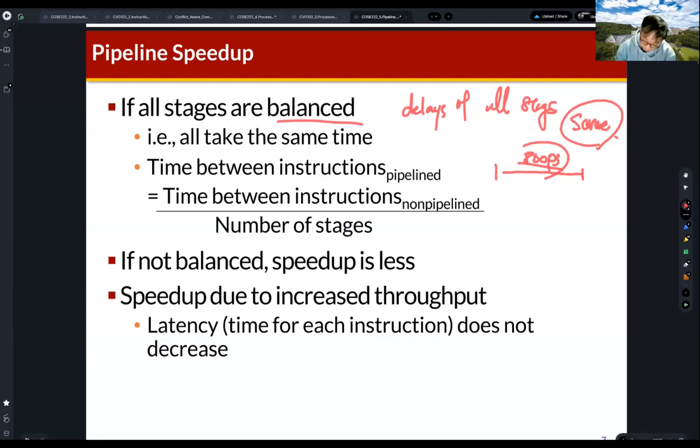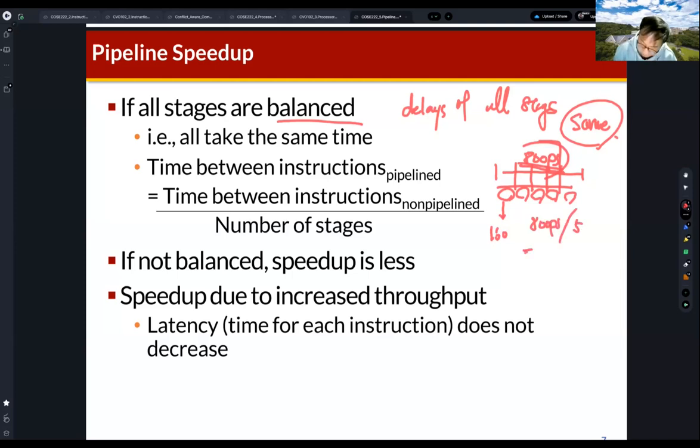And then we can divide the steps of a single cycle processor into 5 steps, and let us assume that the delay of each step is balanced, which means it's the same. So we can divide the 800 picoseconds by 5.